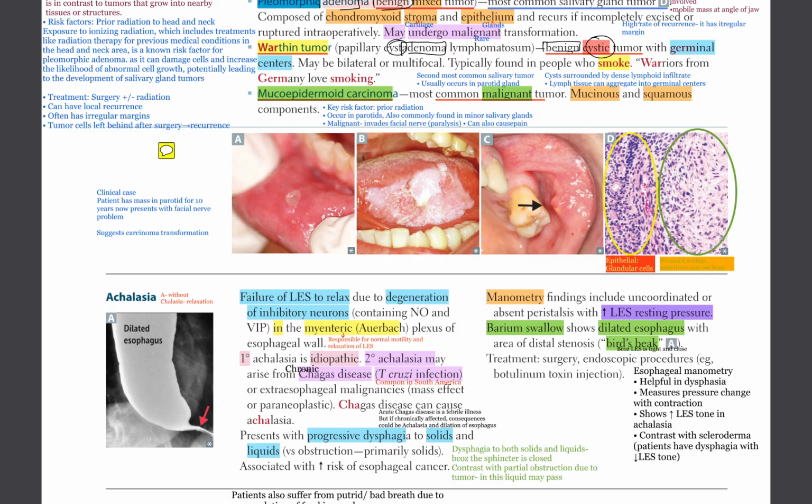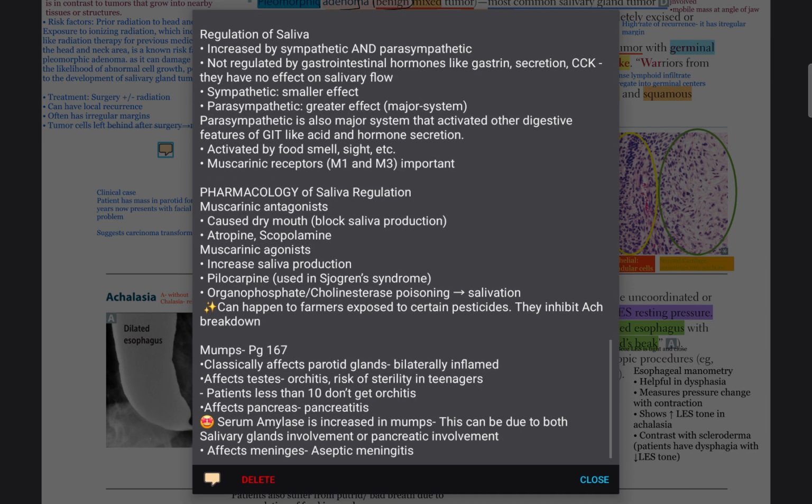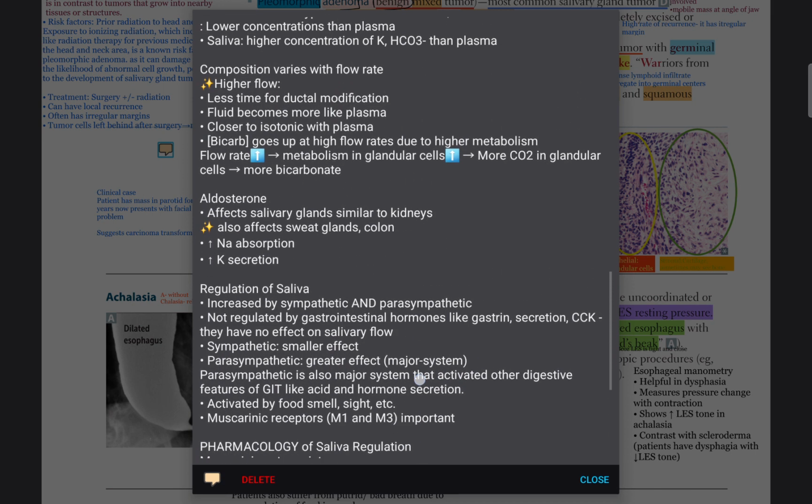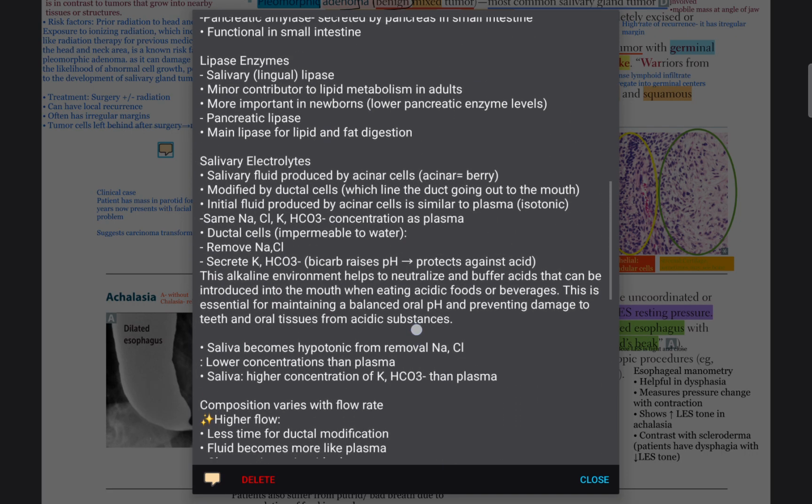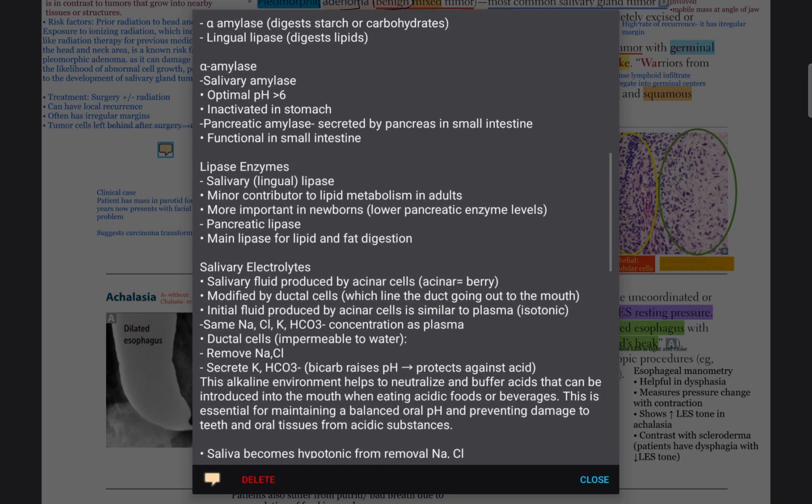Also we need to learn a little bit of physiology of the saliva. First we need to know that saliva has electrolytes. Salivary fluid is produced by acinar cells. Okay, so I'll draw it for you.